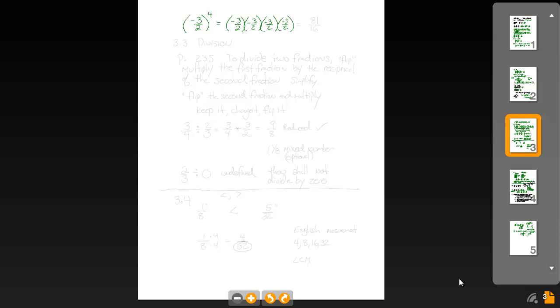Is that going to be positive or negative? One, 2, 3, 4 negatives. Odd or even? Positive, because it's an even number.